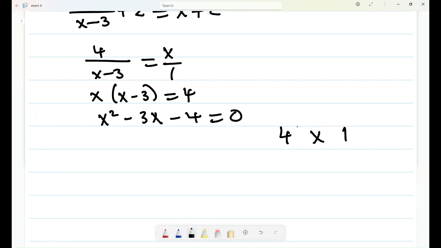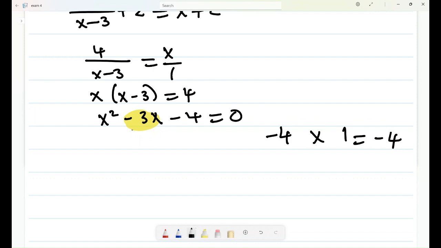So this one is 4 multiplied by 1. But remember, they taught you that the bigger number takes the sign of the middle term. Which bigger number are we talking about here? So it's going to be negative 4 plus 1. When we multiply this, it is negative 4. When we add this, it is negative 3.